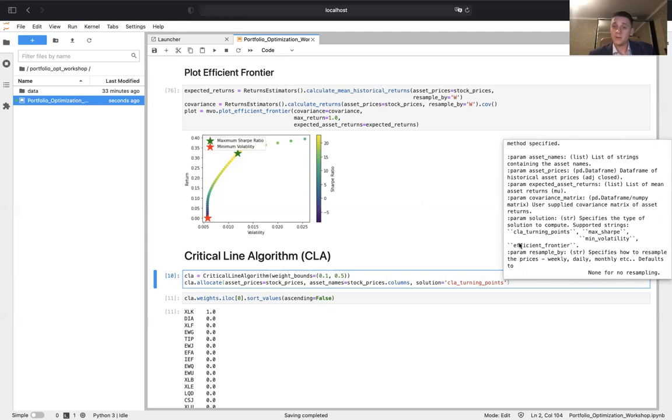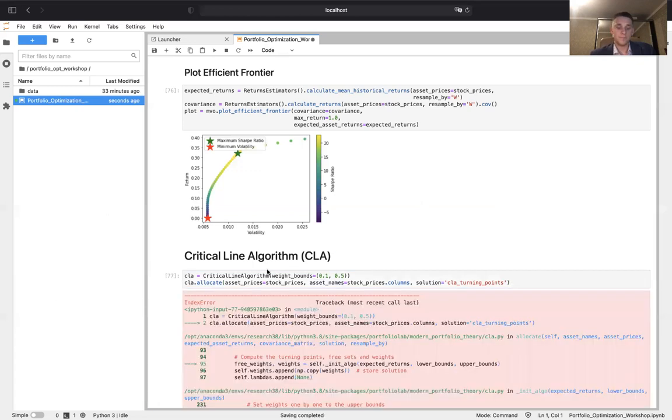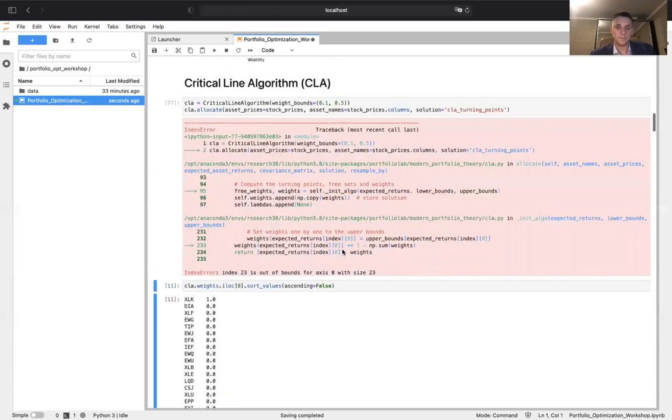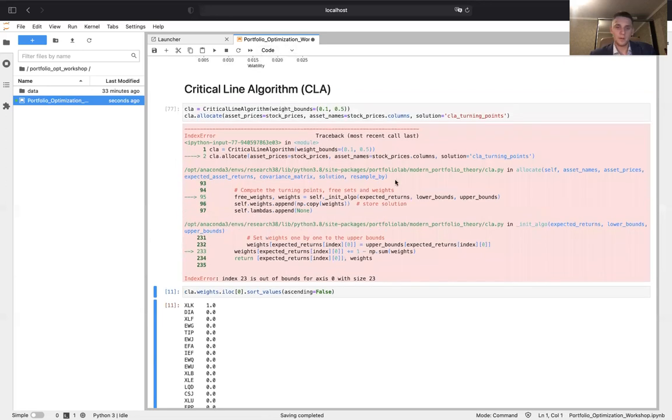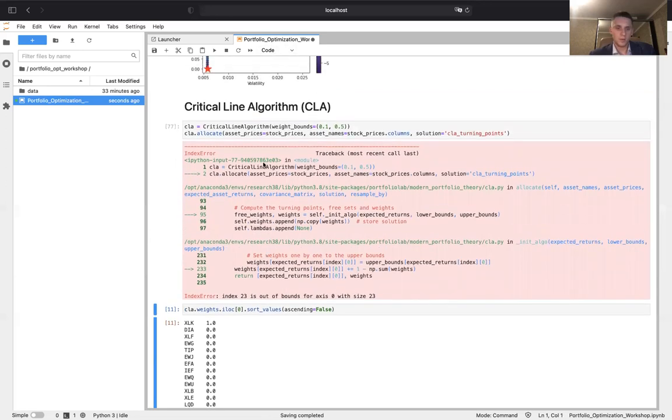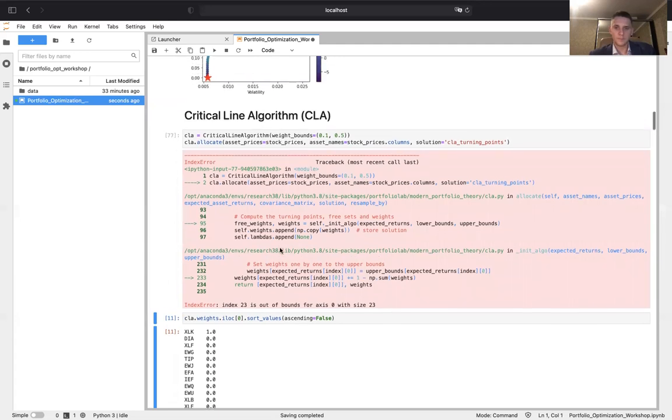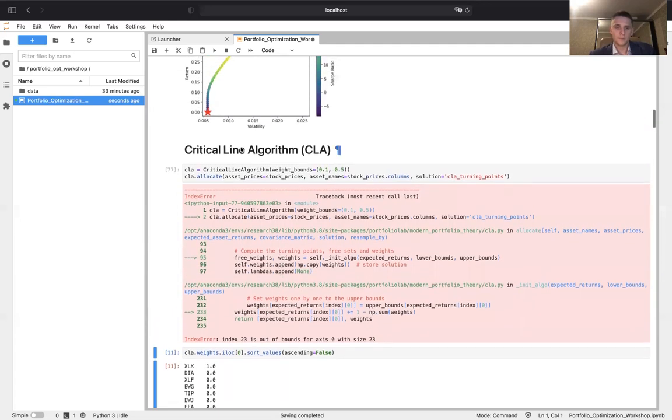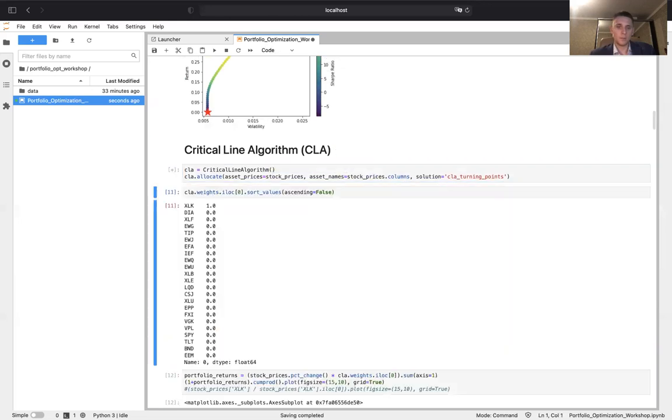As we can see here, we can also use max Sharpe, minimum volatility, or efficient frontier solutions. Okay, so let's take a look. What's wrong here? We do it this way.